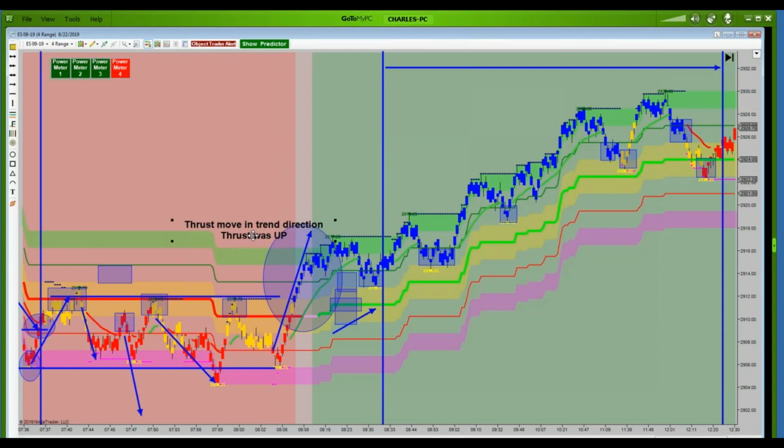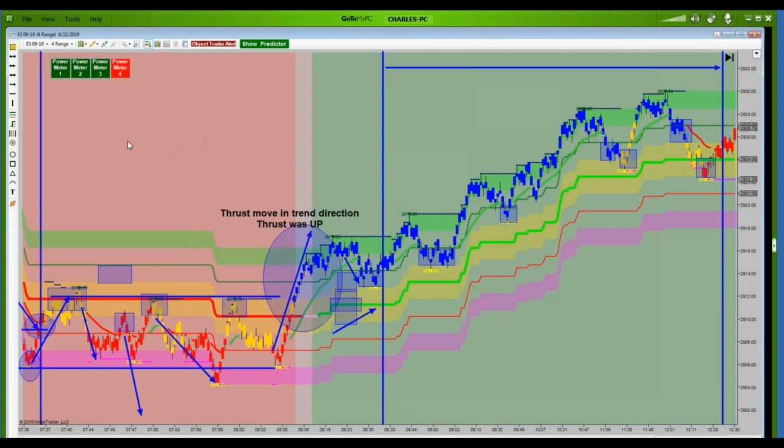Now, that does not mean long. I'm not saying that this thrust is the long entry. It's when you get retracements. So now we're looking for pullbacks and retracements to support to take longs. And that's what these examples are.